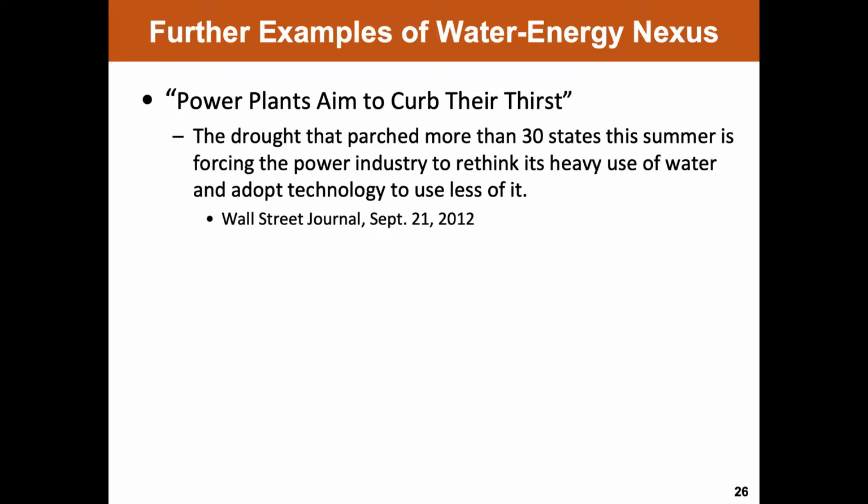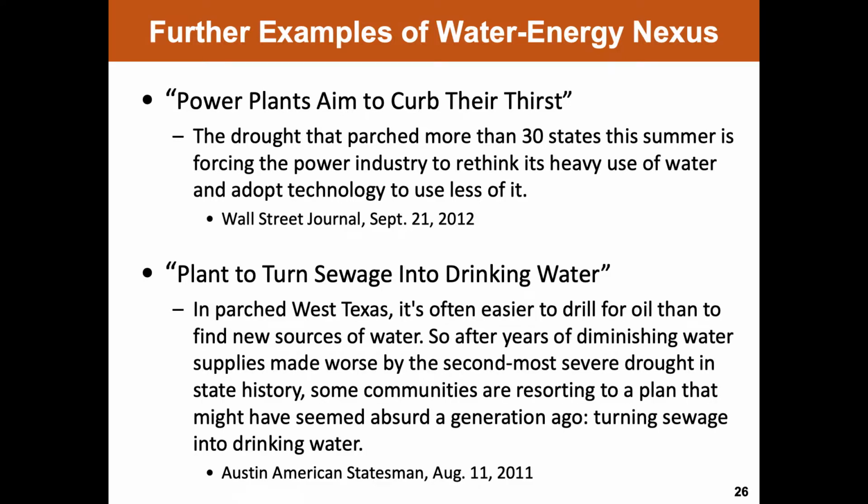That's a problem right here in Texas and throughout the West at that time. It's also driven Texas to become a leader in so-called direct potable reuse, or DPR, to take municipal wastewater and turn it directly back into drinking water through advanced treatment technology and filtration.